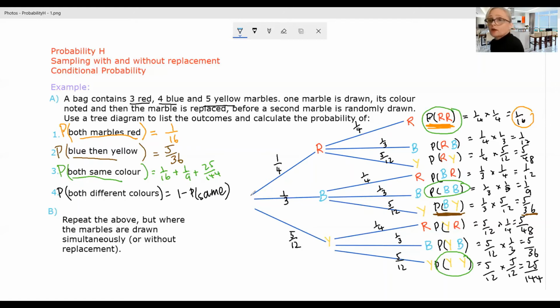Okay, let me just work out quickly what that fraction is. 25 on 72 we get for that one. So this will be 1 minus 25 on 72, which is 47 on 72. Okay.